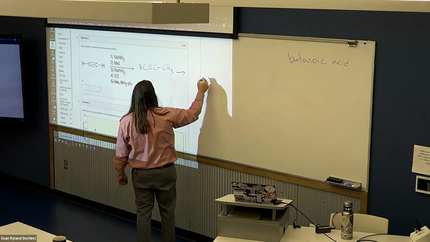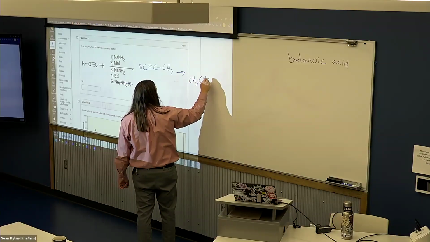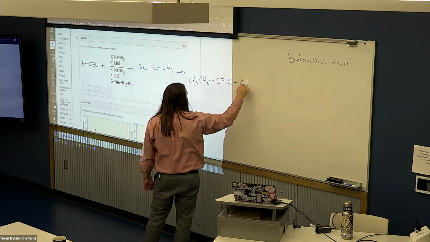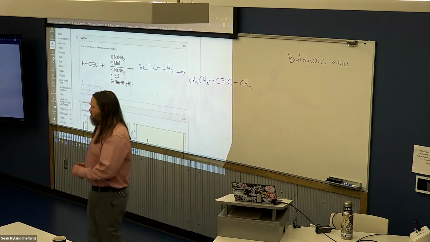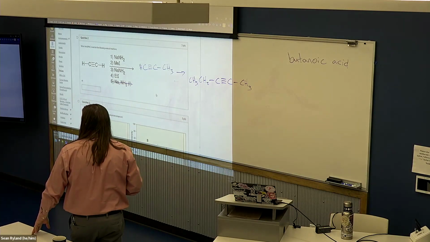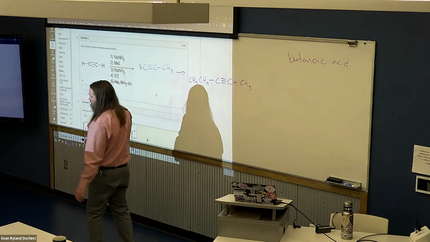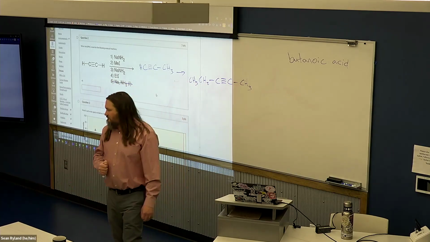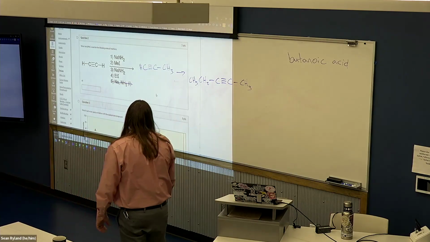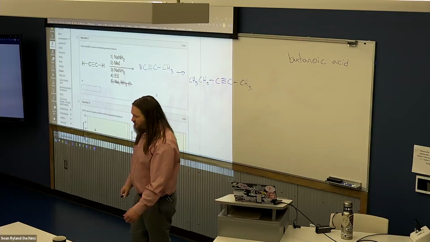So after step 4, we're going to see this. It's still going to be 2-pentyne, regardless of which way you drew it, right?